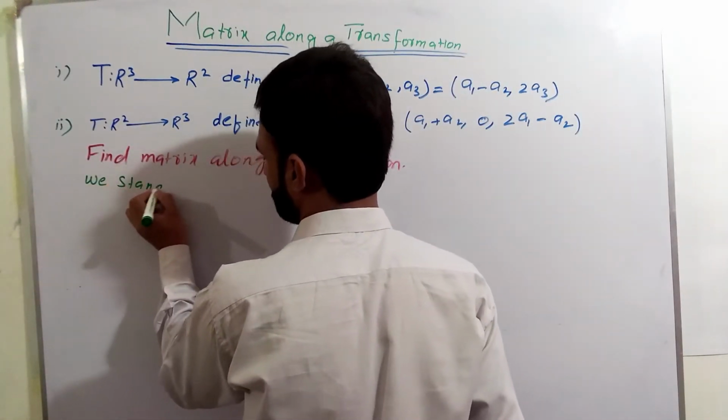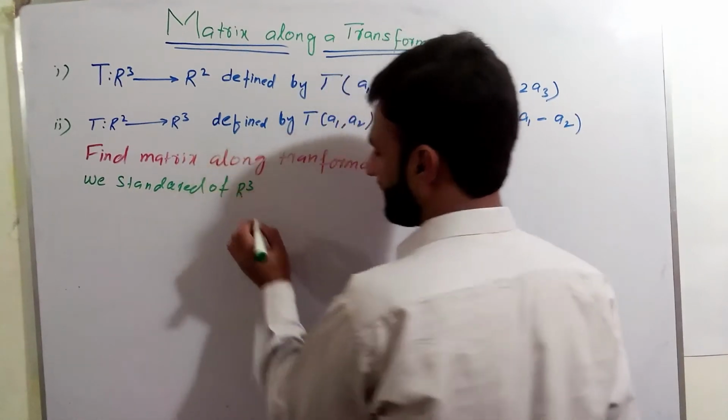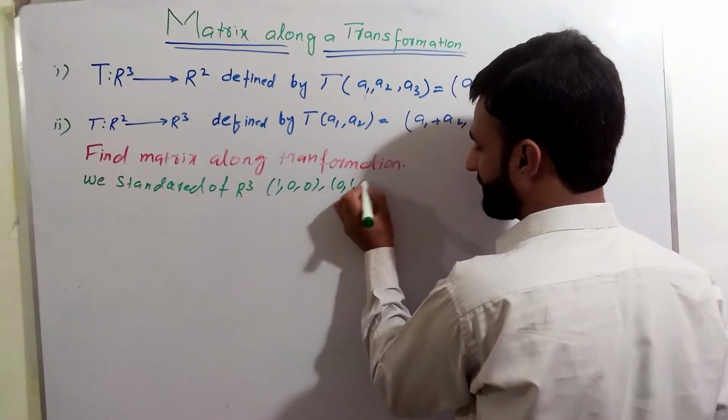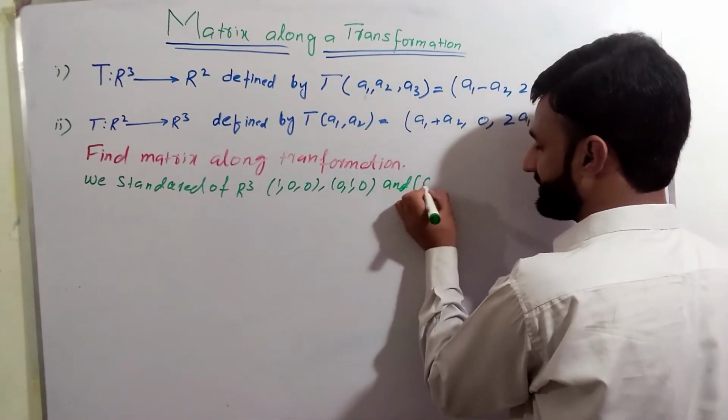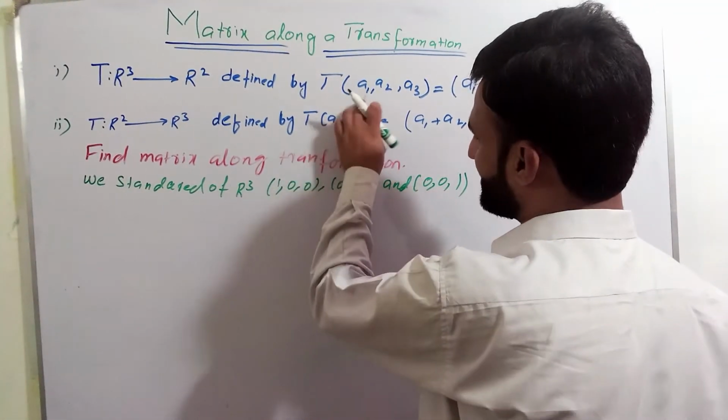If we choose the first example, we know the standard basis of R3, that is 1 0 0, 0 1 0, and 0 0 1. First we put 1 0 0 here.